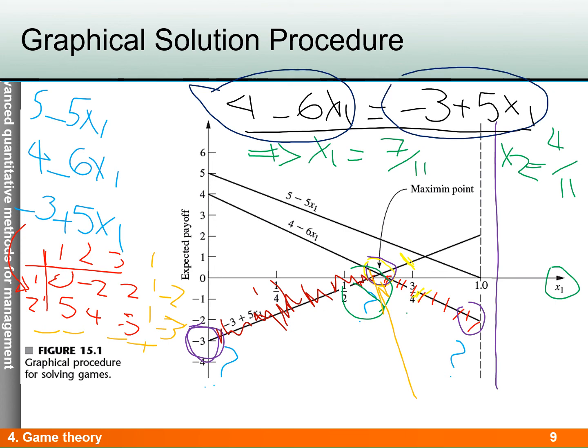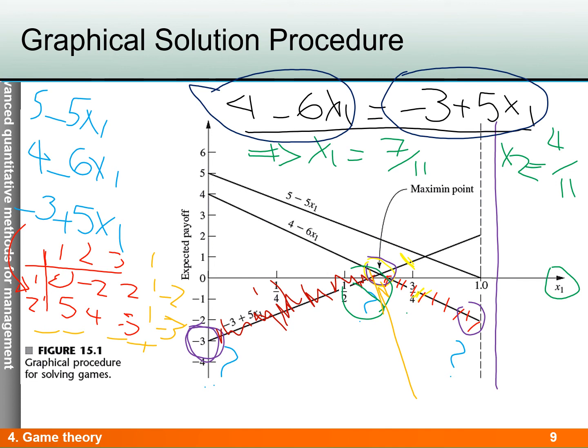Either of these two lines. Why either of these two lines? It's easy because these lines are helping us to solve the solution. We check the other line, 5 minus 5x1, later, we'll see what happens.